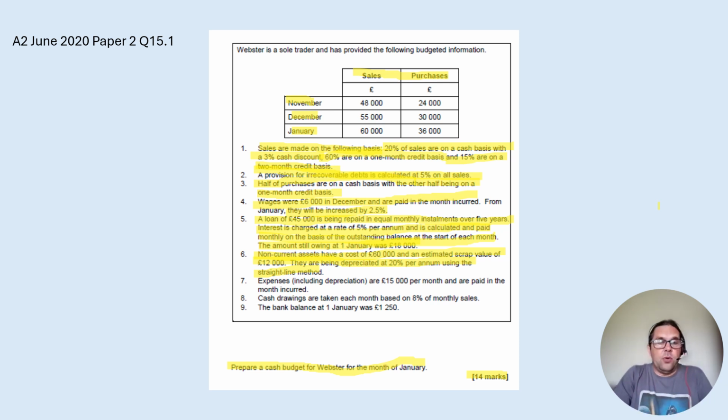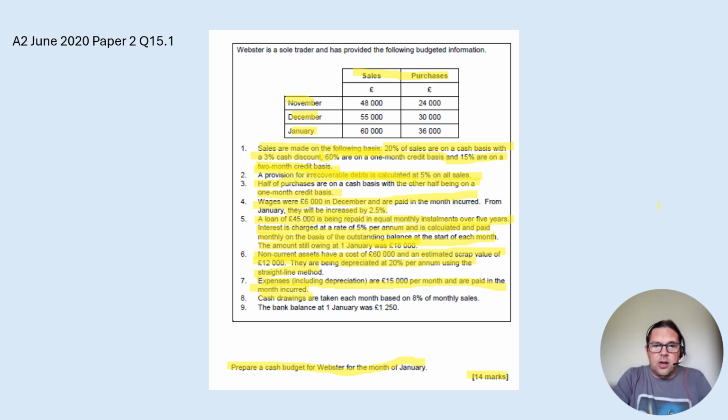But it's there for a reason, because if we look at number 7, expenses including depreciation are 15,000 per month and paid in the month incurred. So you've got to work out the depreciation on the non-current assets and take that away from the expenses figure. So we'll look at that in a moment.